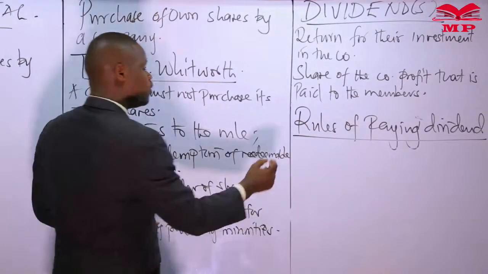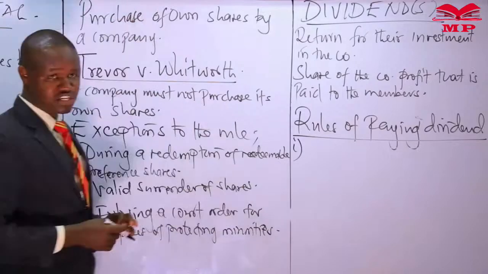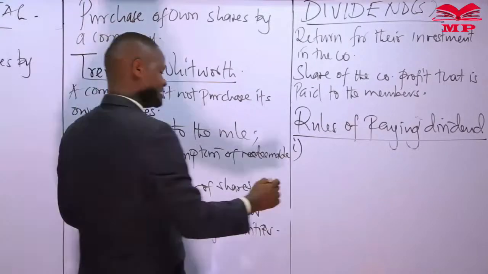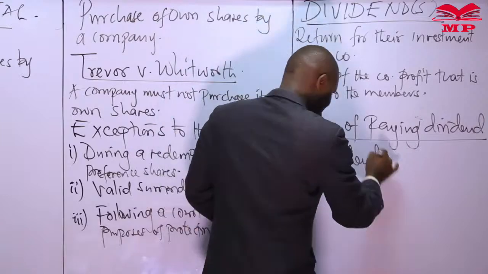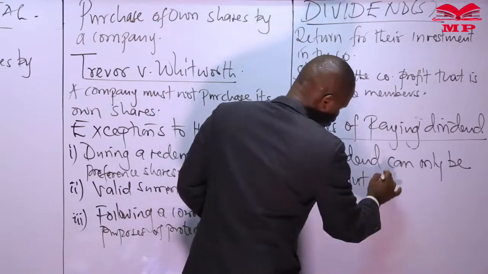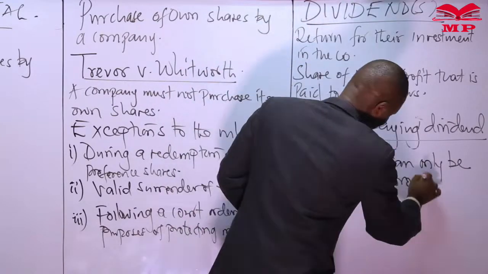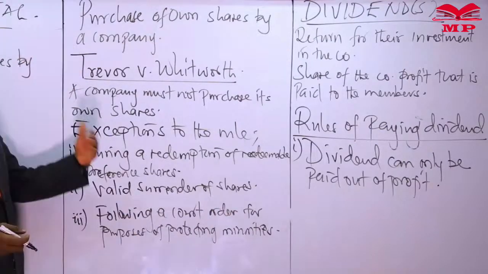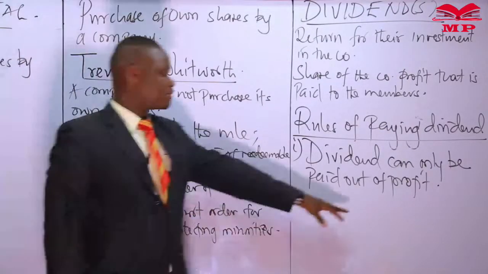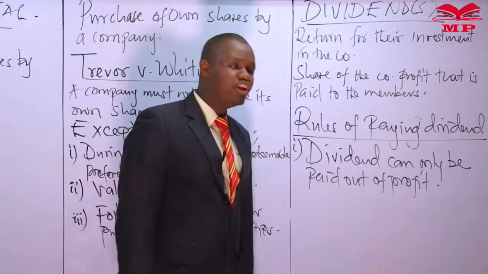One of the paramount rules relating to the payment of dividend is that dividends can only be paid out of profits. Dividend can only be paid out of profit. Unless a company has realized a profit, this company cannot pay dividend.